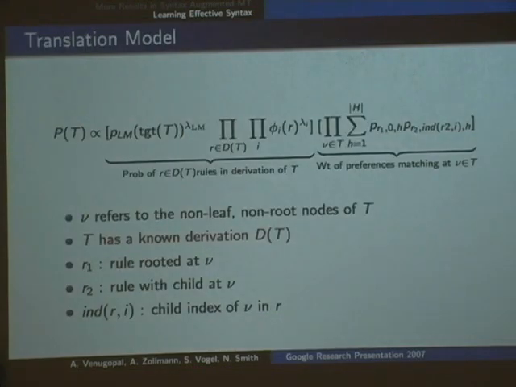We can write a translation model, and we don't have time to go into too much detail, but it's simply two components. The left component is the traditional probability of a tree derivation, and the additional component measures how well all the rules we used join up. If they join really well, it's going to favor a certain derivation. If they join poorly, it's going to downweight that derivation.